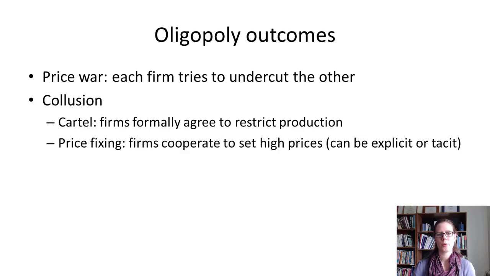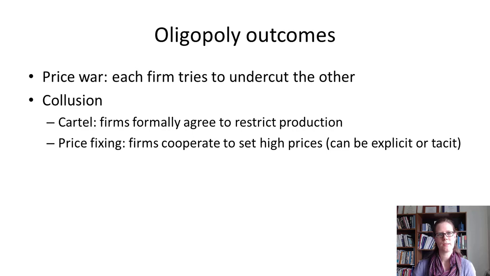Another type of collusion is price fixing. So this is where firms don't have formal production quotas, but they still cooperate to all charge high prices instead of undercutting each other. Price fixing can be either explicit, where companies actually agree together formally to charge a high price, or tacit, where they don't agree, but they just decide to charge the same price as their competitors.